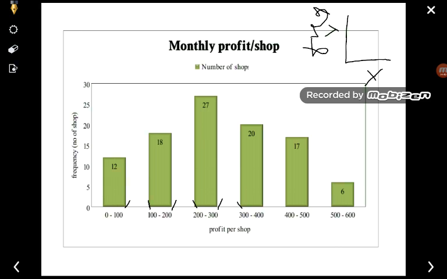Now we have to plot the histogram. So we know that on the x-axis we have plotted from 0 to 100, then from 100 to 200, next will be 200 to 300. We are going to plot the class interval on the x-axis, and the frequency on the y-axis.